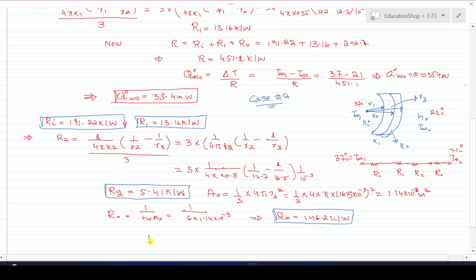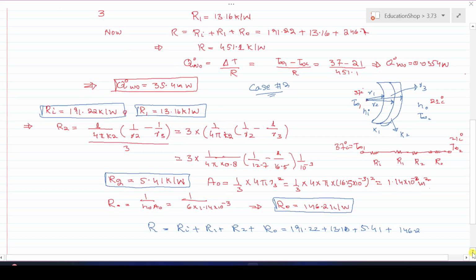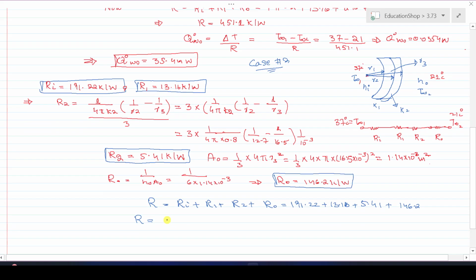Now the total resistance in the second case is equal to Ri plus R1 plus R2 plus R0. Simply add it and you will get the total thermal resistance for the second case, that is 356 Kelvin per watt.